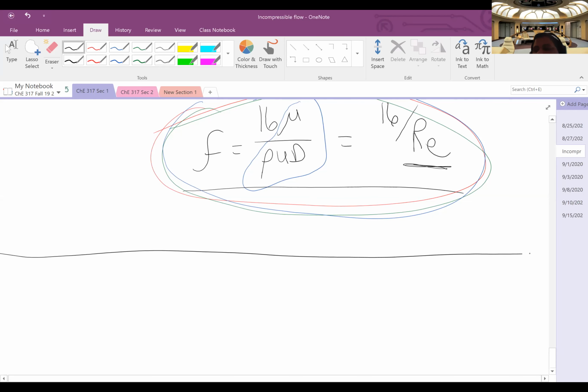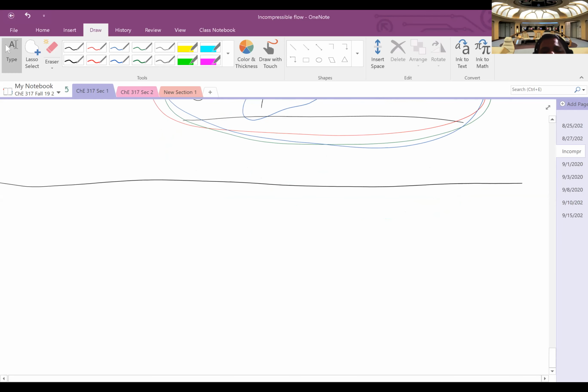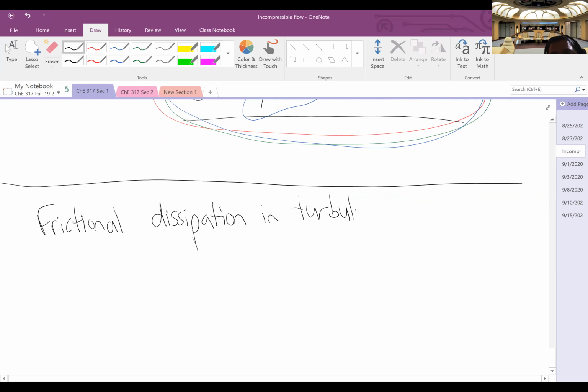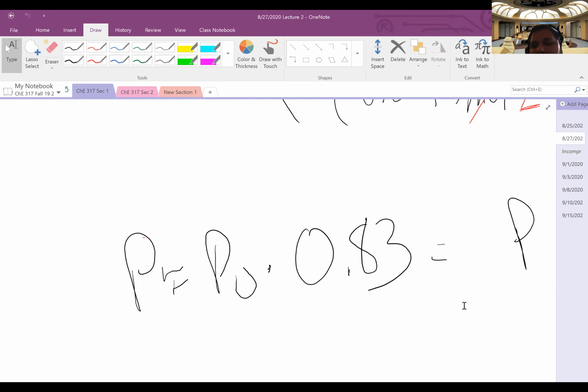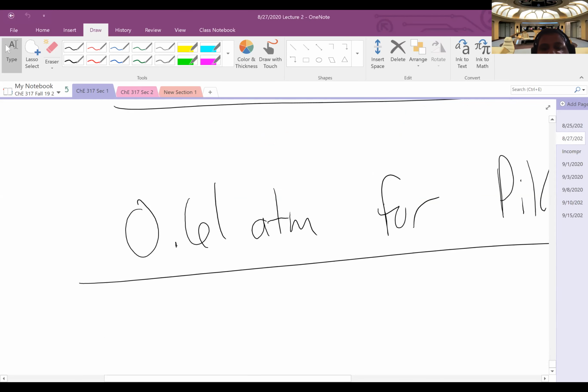All right, now let's switch gears and talk about frictional dissipation in turbulent flow. Turbulent flow differs highly from laminar flow in a lot of ways in how frictional dissipation can be quantified.